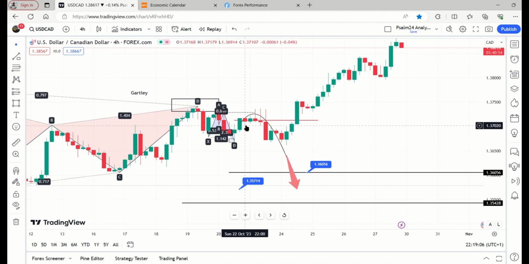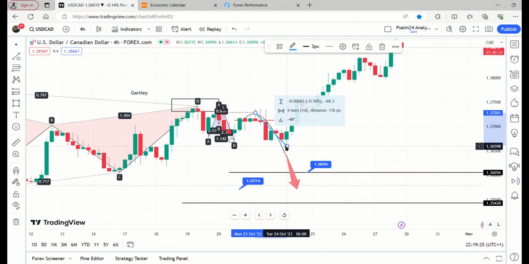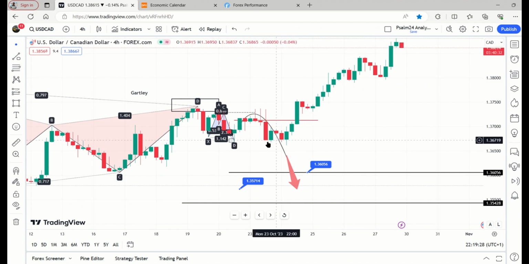Then this is Sunday. So this was where the market was when we did the analysis. So we said the market has the potentiality to come up and drop, and look at what the market did. This is our zone, right? So the market came up to this point and dropped to this level, 68 pips, before going up.